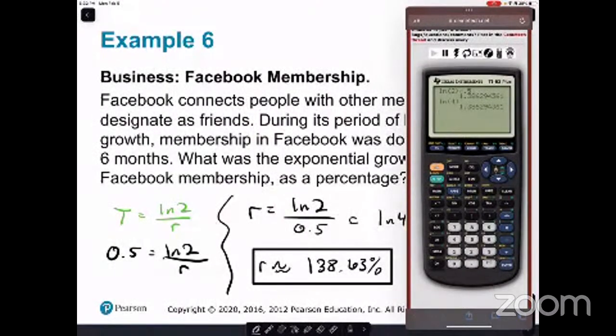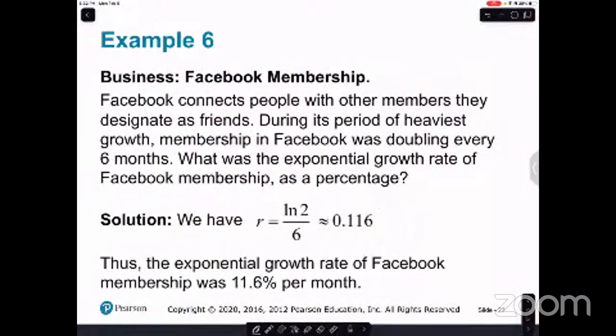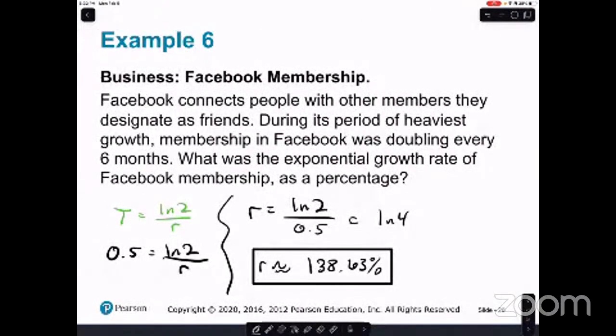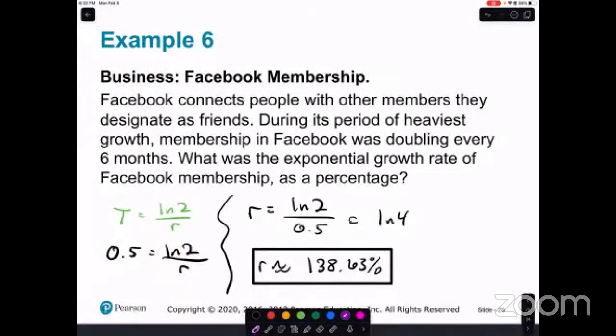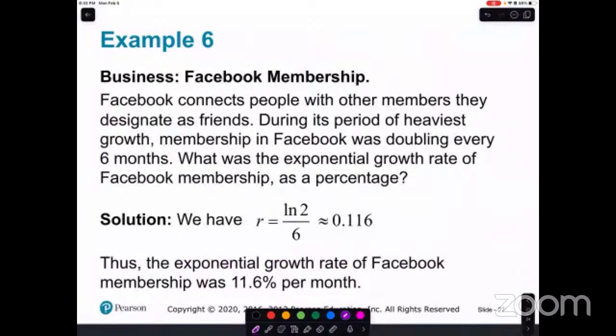That'll give us per month. 1155. Yeah, 1155, right? So this was per year. If we want it per month, we divide by 12. All right. And that's how they got their result. Theirs was per month. They left it in terms of months, which is fine.